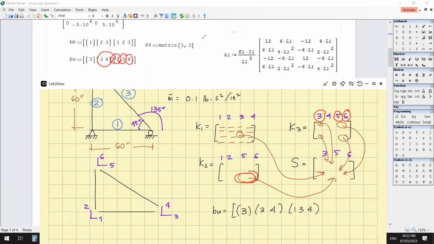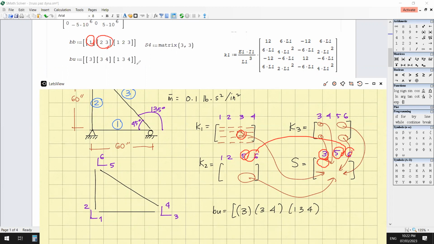Next, the BB matrix. What's the destination? The destination of 3 in our S matrix is first, so that is 1. The destination of 5 and 6 is second and third in our S matrix.